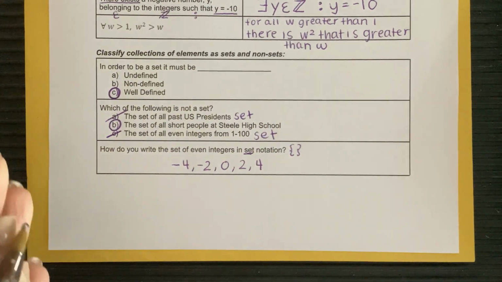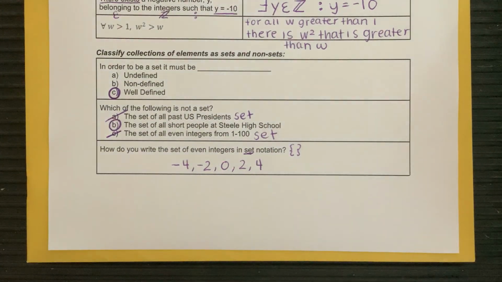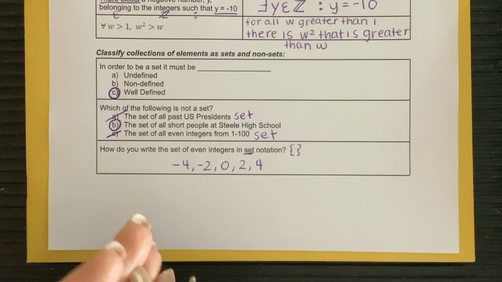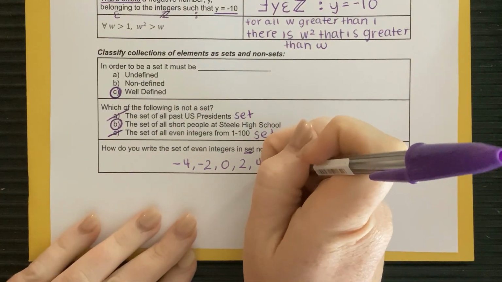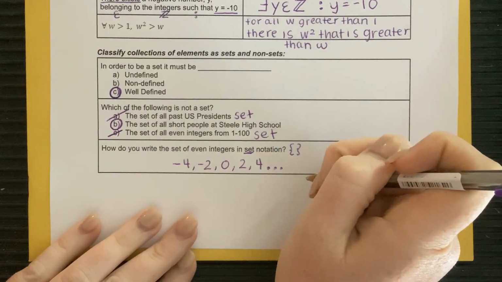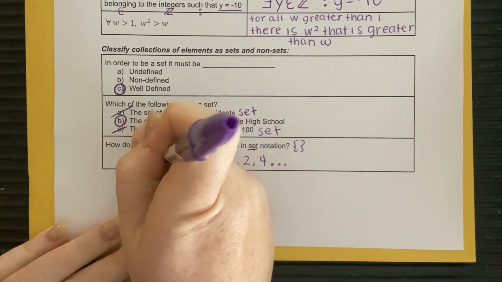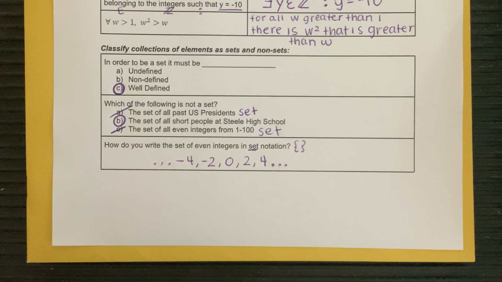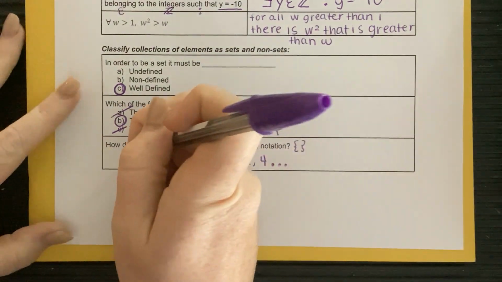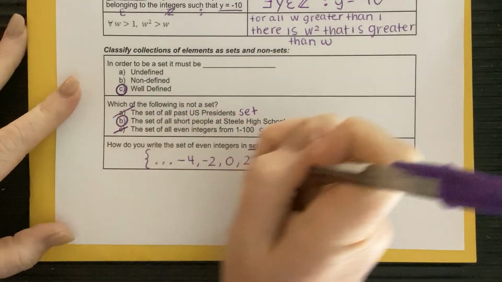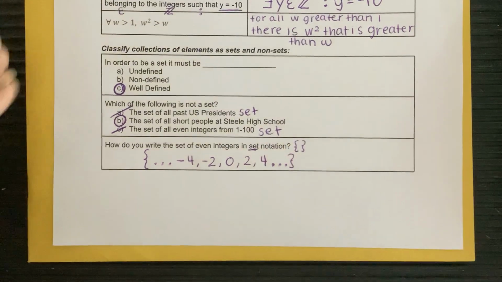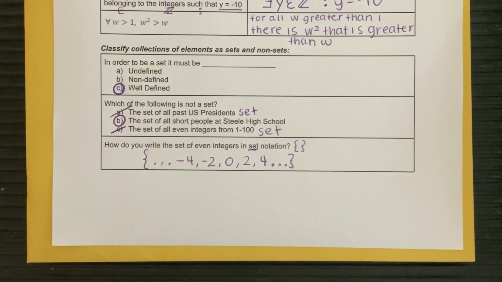I've started to establish a pattern. It can be negative, it can be positive. Now I just need to show that that pattern can continue. So if I show that that pattern can continue positively, and if I show that that pattern can continue negatively, the person that's reading that knows to continue on in both ways, and then I need to indicate that it's a set by putting this in curly brackets. So that was just an example I wanted you guys to be able to see.